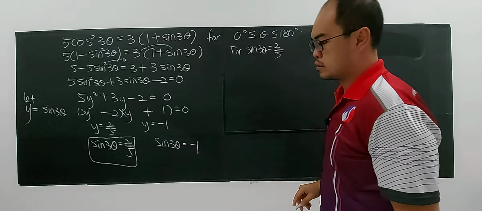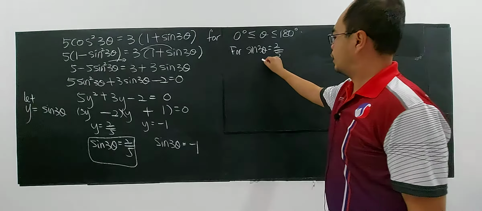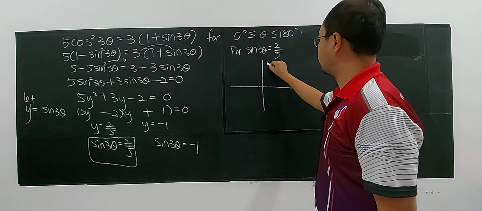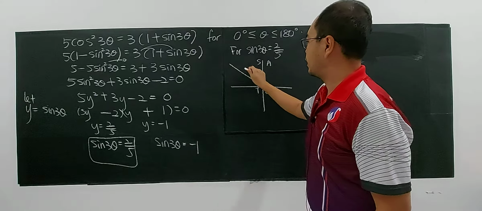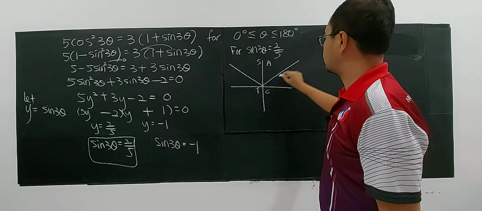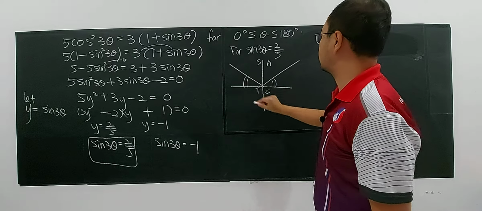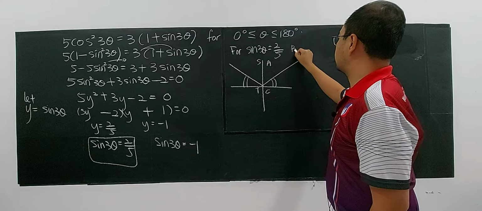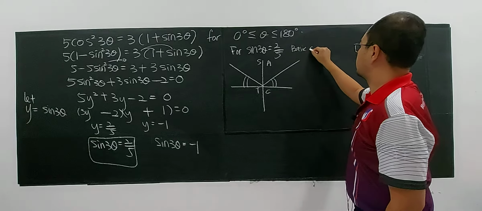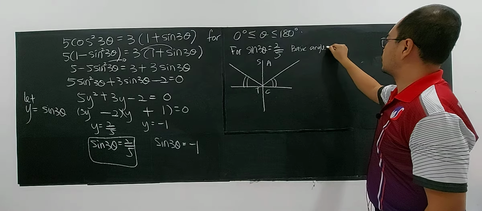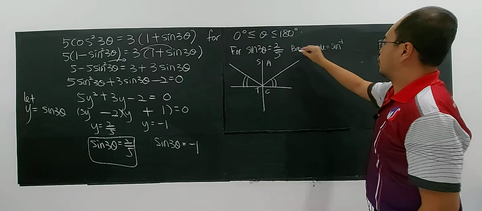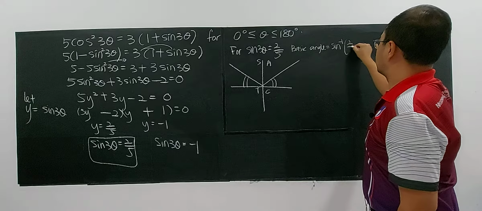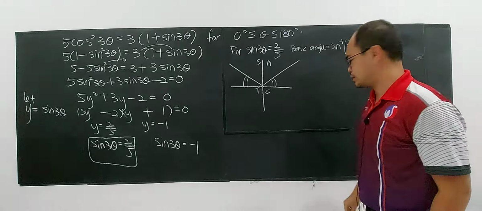We have to consider the quadrants where sine is positive. Sine is positive in the first quadrant and the second quadrant. So what is the basic angle here? You can find the basic angle using a calculator, arc sine of 2 over 5.